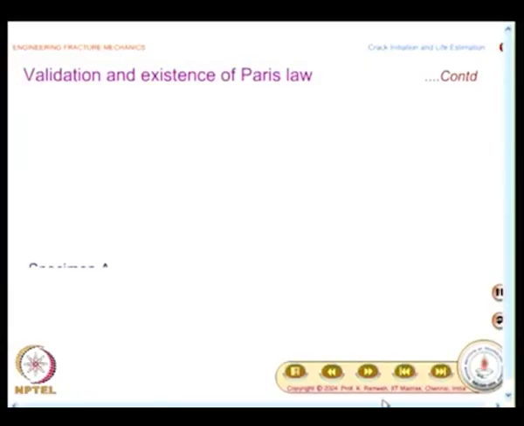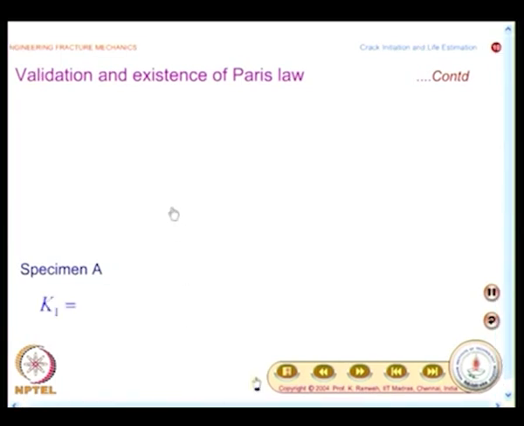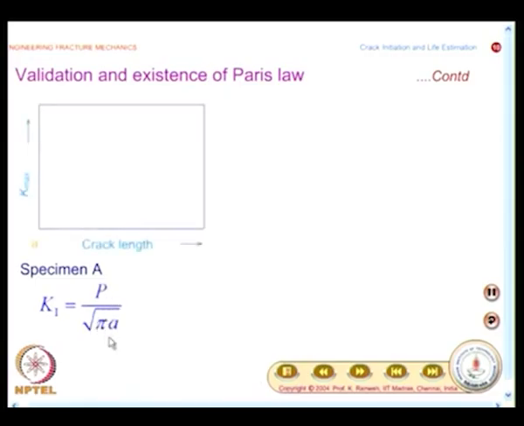Suppose Paris law correctly predicts in these two opposing types of SIF behavior that dA by dN could be related to delta K, then there is substance in the development of Paris law. This is the way people raised the question and answered the question also. So, they took a specimen A for which K1 equals P by root of pi a.